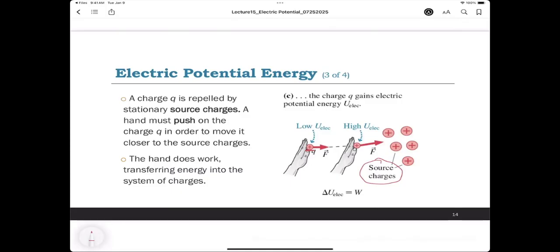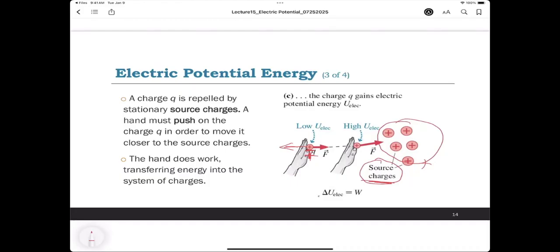It is repelled by these source charges, because those source charges are positive and this charge is also positive, so there will be a force pushing the charge away. A hand must push on the charge Q in order to move it closer to the source charges. The hand does work, transferring energy into the system of charges. That makes sense to you?